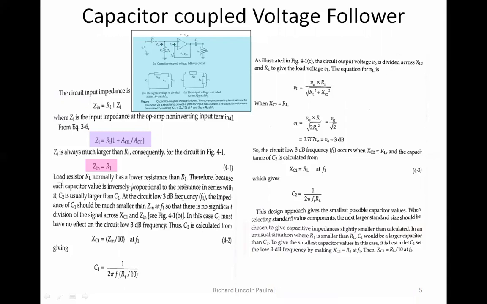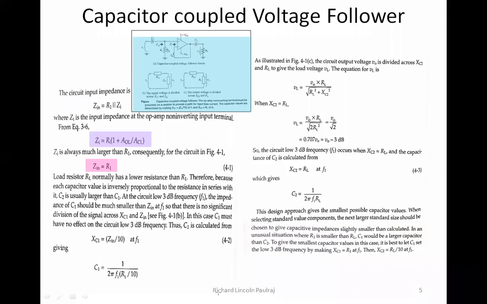The load resistor RL normally has a lower resistance than R1. Since RL has lower resistance, what happens to the capacitor value?